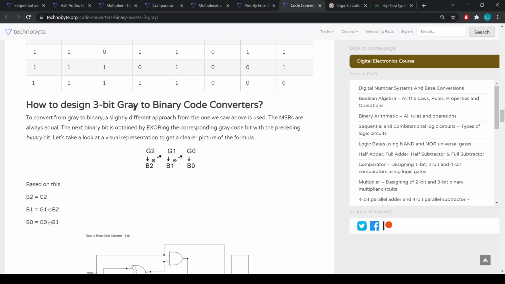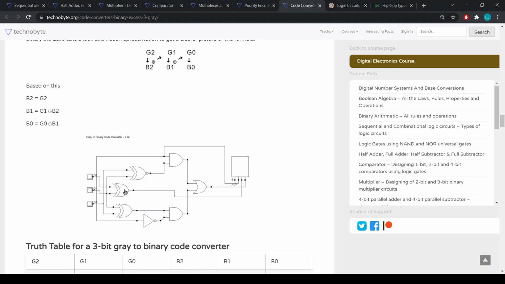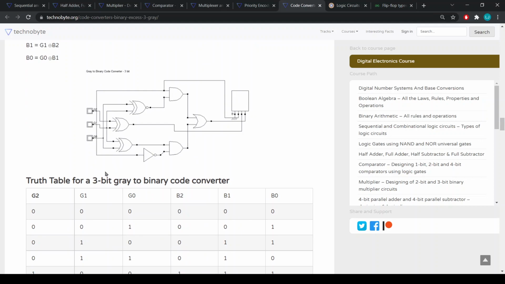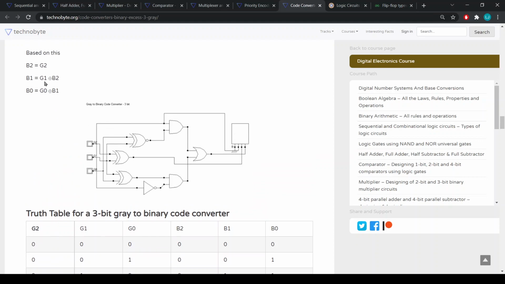To design a 3-bit gray to binary code converter, the opposite of what we discussed first, we use this formula here, and this logic circuit here. As you can see, our most significant bit is still equal, then our B1 is equal to G1 XOR B2, so this is 0, and our B0 is G0 XOR B1, so this is also 0.